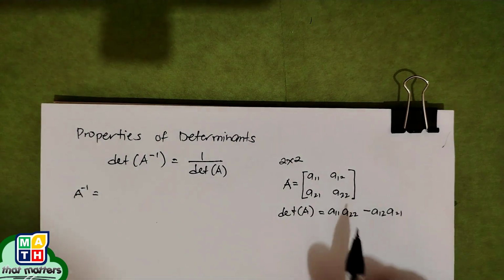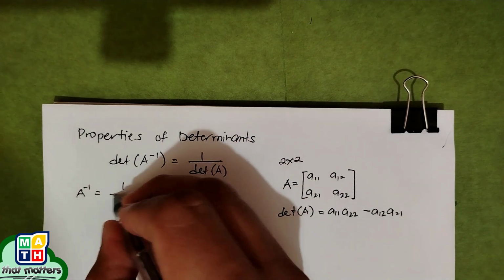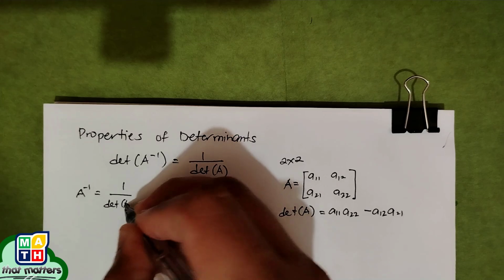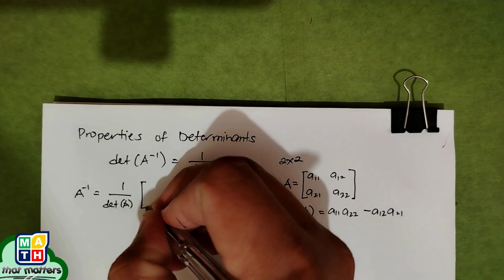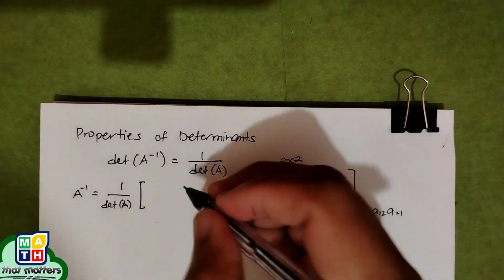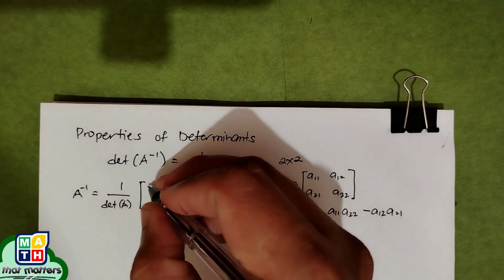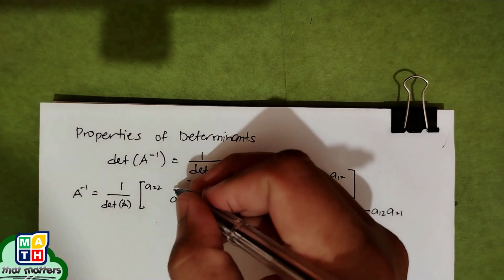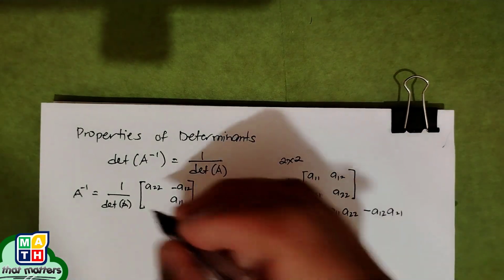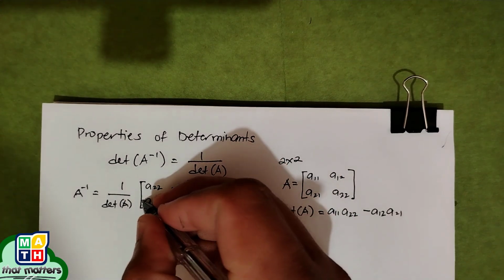Now, the inverse of matrix A actually has a specific formula: 1 over the determinant of A, which is actually this one here. Take note of that. Times, we have this notation. We simply interchange the diagonals. You have here A22 and then A11, and the other diagonal will become negative, negative A12 and negative A21.